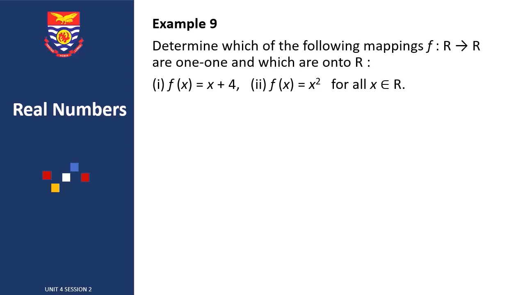Determine which of the following mappings f from real numbers to real numbers are one-to-one and which are onto. We've done this already, so you go through this example, it is so simple, and you can see clearly that f(x) is one-to-one as well as onto. The second is both one-to-one and onto, and the third is both one-to-one and onto.